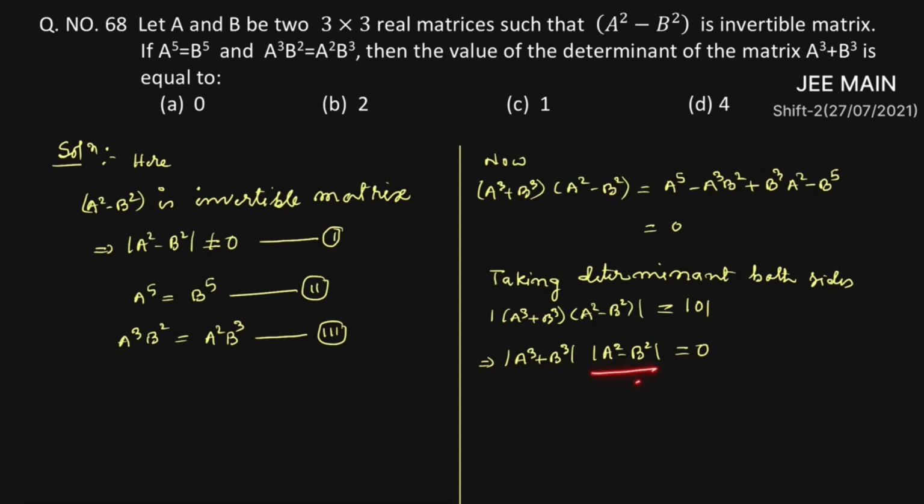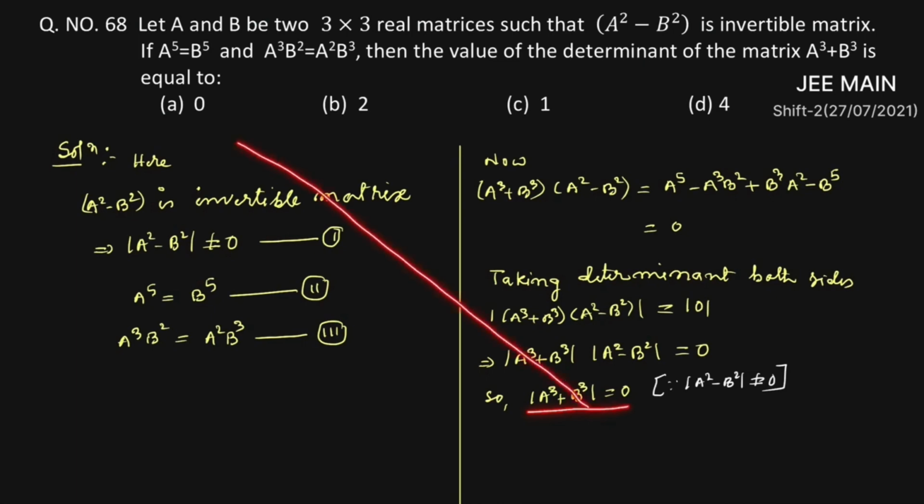So this determinant is not possible to be 0. Ultimately, determinant of A cube plus B cube is equal to 0, because determinant of A square minus B square is not equal to 0, which we get from equation number 1. So our answer is determinant of A cube plus B cube equal to 0. So option number A is our correct option.